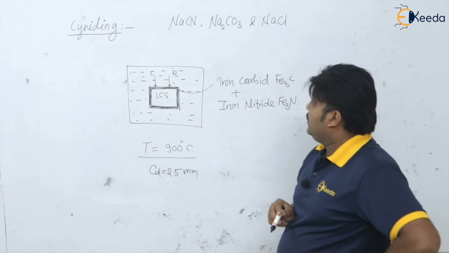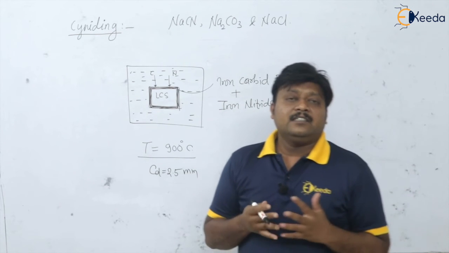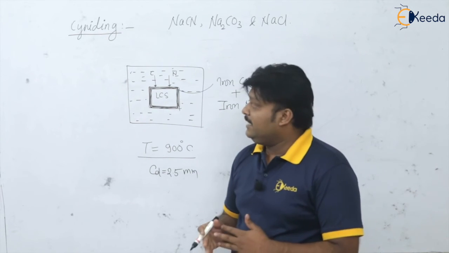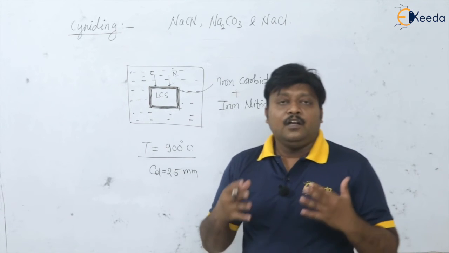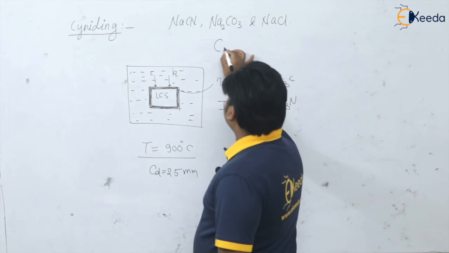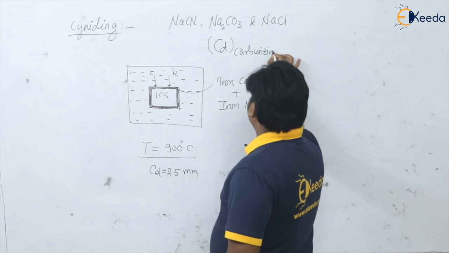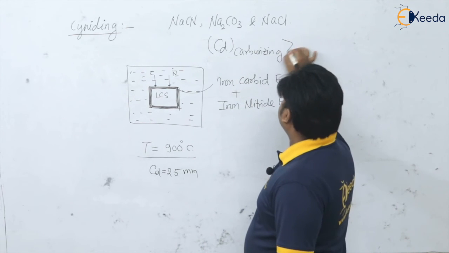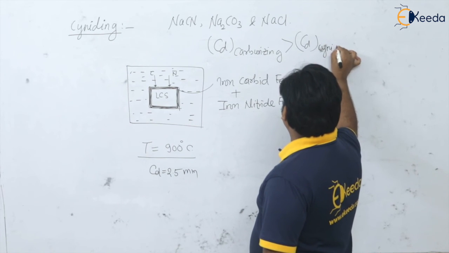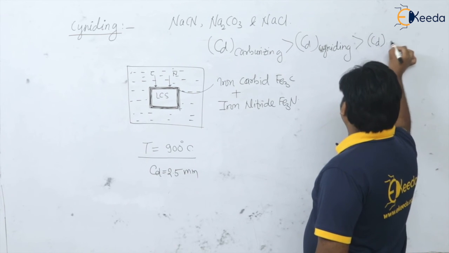So dear students, if we compare the case depth in nitriding, cyaniding and carburizing, in which process are we getting the maximum CD value? We know that the CD value will be maximum in carburizing, then in cyaniding, and finally in nitriding, which has the lowest CD value.